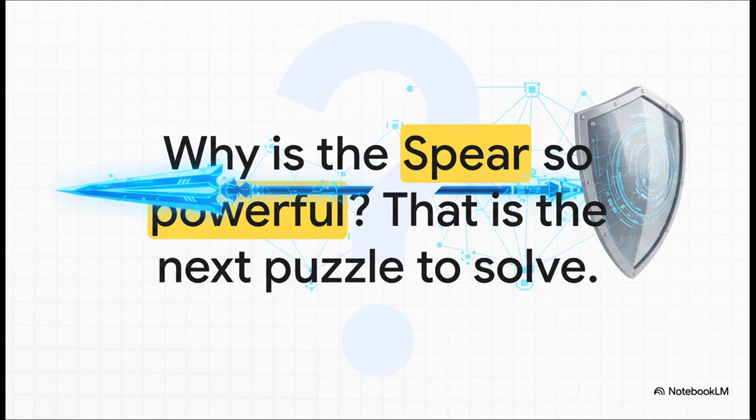We've solved a major puzzle. We now know how to build these incredibly fast models by treating the spear and the shield as separate entities. But in doing so, we've uncovered an even deeper question. Why is the spear so incredibly good at its job? Why does this specific mathematical trick have this almost magical ability to collapse a 100-step process into one? Well, that's the next great puzzle for researchers to solve.